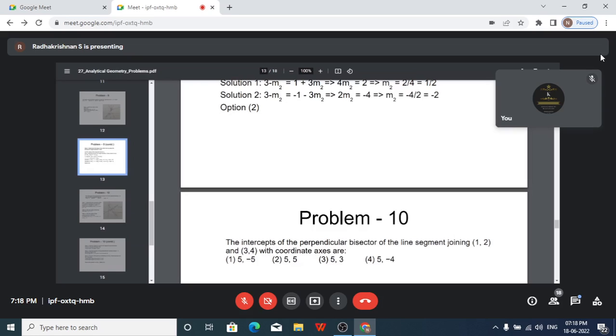There is a line segment, 2 points are given. Since 2 points are given, we can determine the equation of the line, then find the equation of its perpendicular bisector, and where it meets the coordinate axis, based on that we will determine the intercepts. It looks a bit complicated, but we can easily break it down into steps.